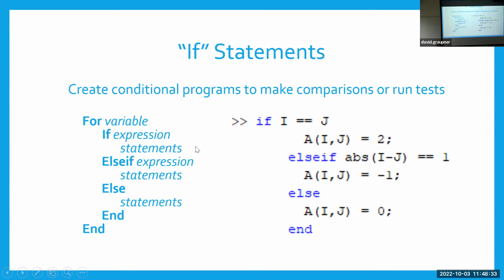And then you can also include these else if and else statements for other conditions as well. And then to close off the conditional program, you have to click end. And you have to have an end for each for or if that's in the program.